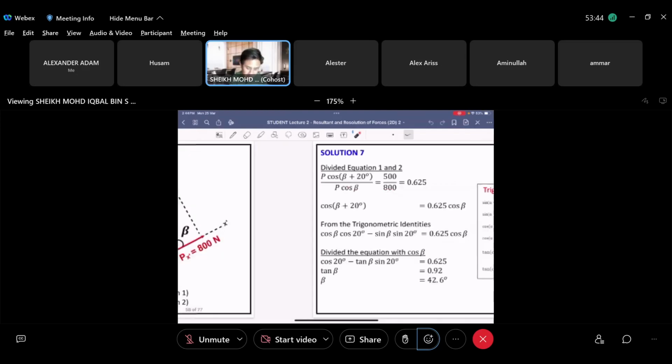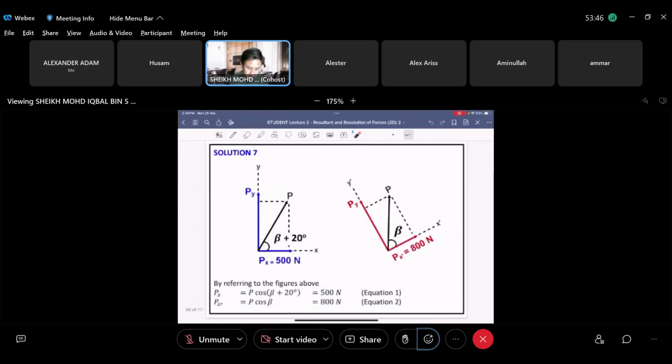So you can see here, first you have two unknowns, you cannot solve it. So you have to be creative about it, right? So you divide equation 1 by equation 2, but you cannot just remove the unknowns as you like. It has to follow the laws of mathematics and the laws of trigonometry, right? So you have to follow the laws and the rules and try to remove one unknown at a time, right? So we have two unknowns here.